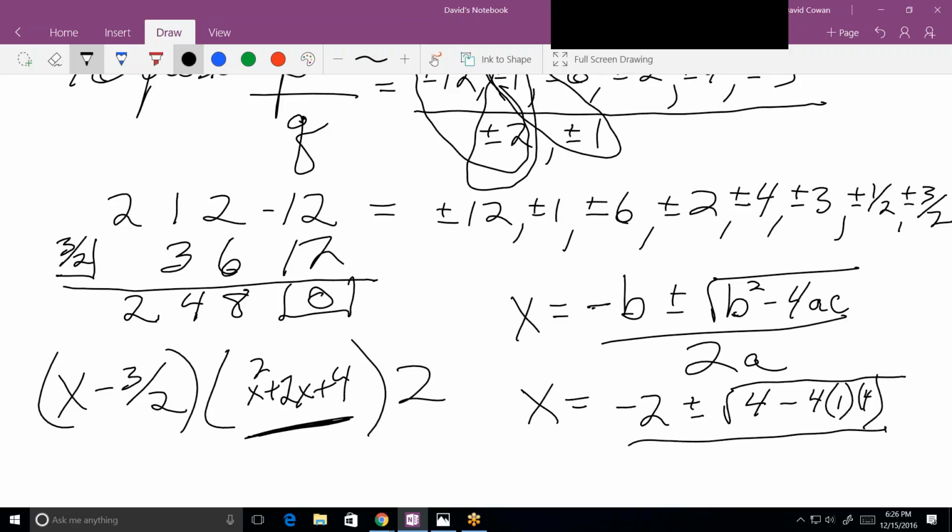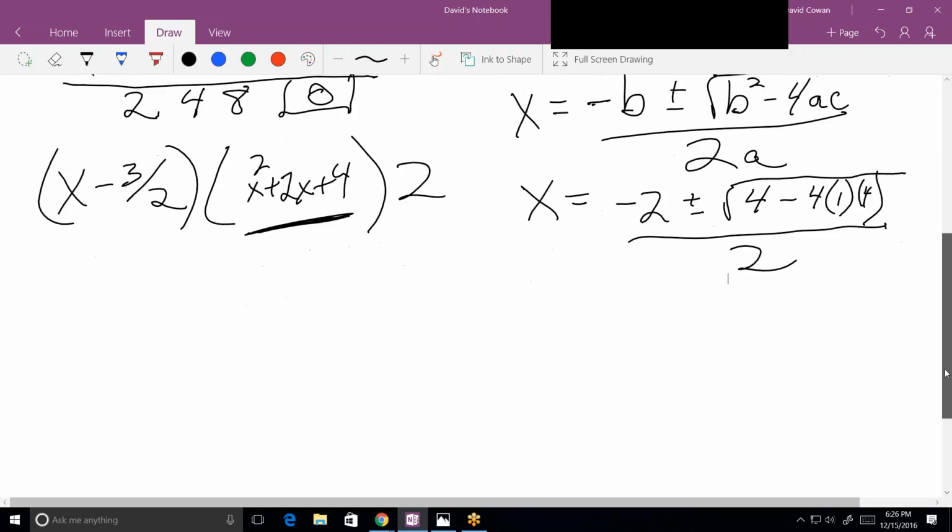Oh, sorry, 2a. Okay, and now let's simplify that because they wanted imaginary answers, right?